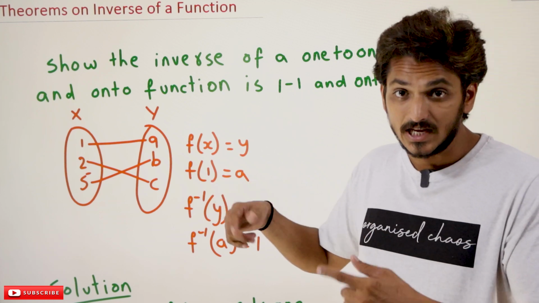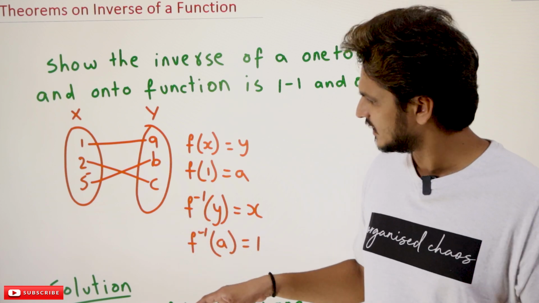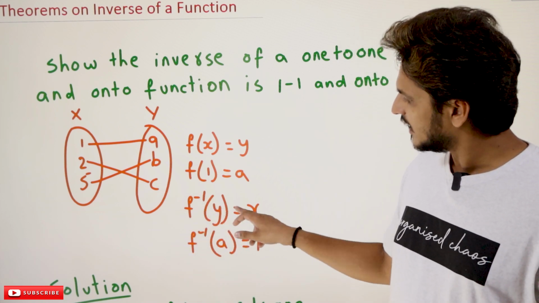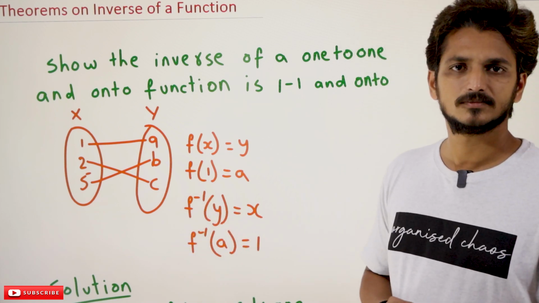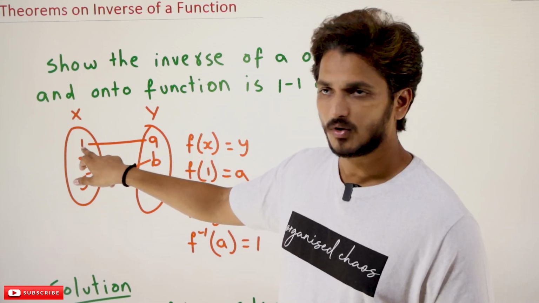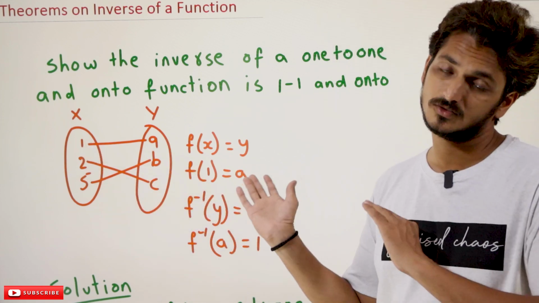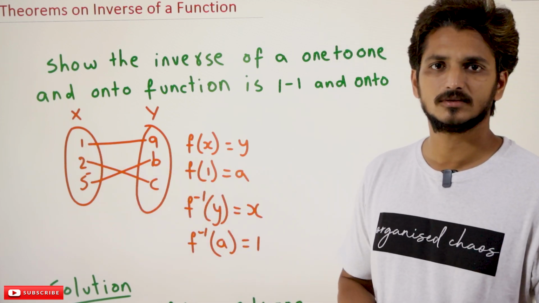If you are writing the inverse of this function f, then f inverse is also a function: f inverse of y equal to x. Yes, f inverse of a equal to 1 because a is mapping to 1. That is what inverse means, exactly reverse.